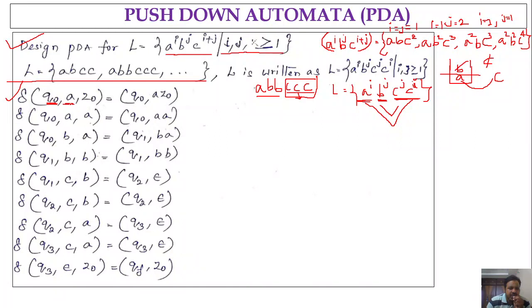Whenever the input is a small a and the stack content is z naught, we will stay in the same state and push a. So I have written delta of q naught, a, z naught is equal to q naught, a z naught. That means you will be in the same state q naught, and we have to push a. Before pushing a, we keep z naught, right? So that's why we have written a z naught, right?